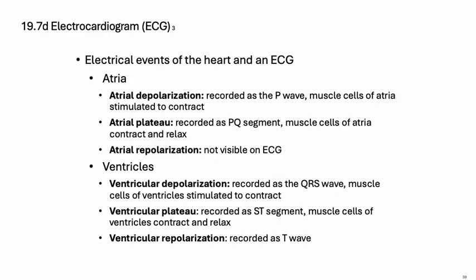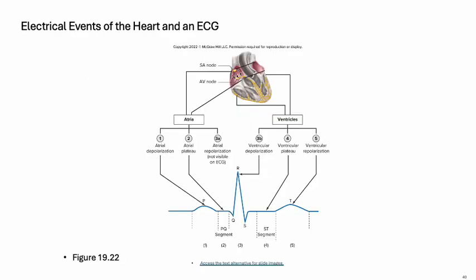Okay, so this is just a summary slide of all the things that are taking place in our EKG. So again, things happening in the atria: depolarization, the plateau phase, repolarization, and then the same thing in the ventricles: depolarization, plateau, and repolarization. So we can summarize this slide by looking at something like this: 3 phases for the atrial activity, 3 phases for the ventricular activity.